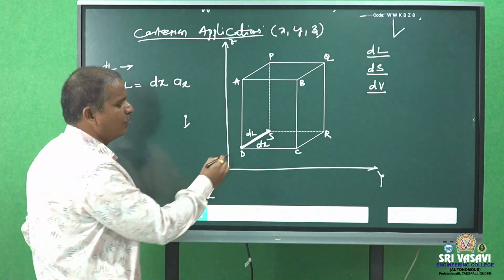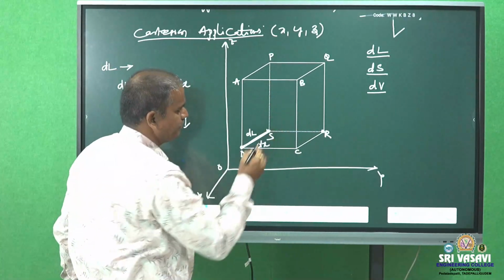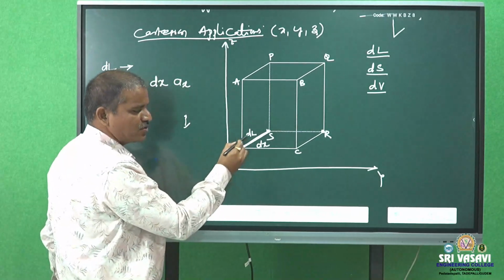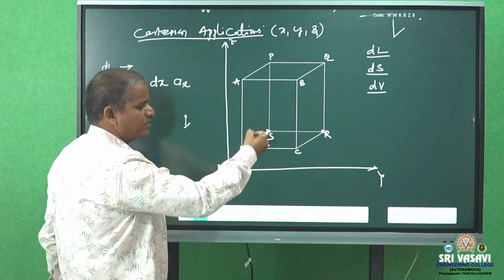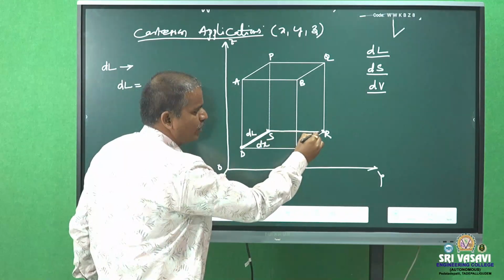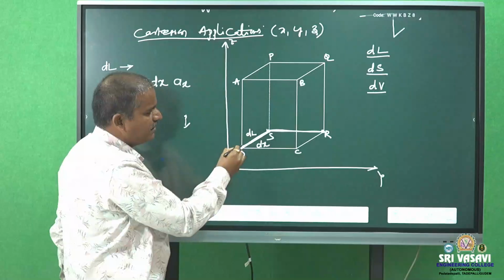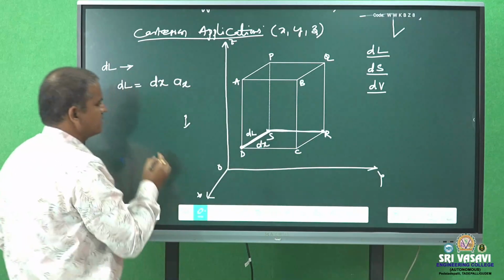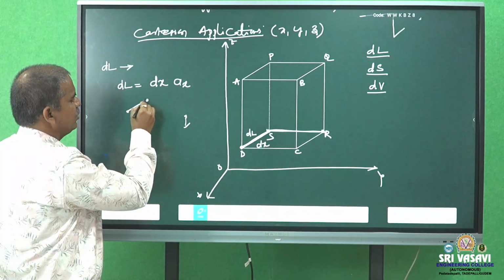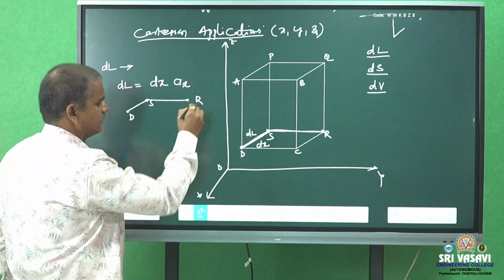For example, I want to move from D to R. There are so many possibilities, but first D to S, next followed by S to R.